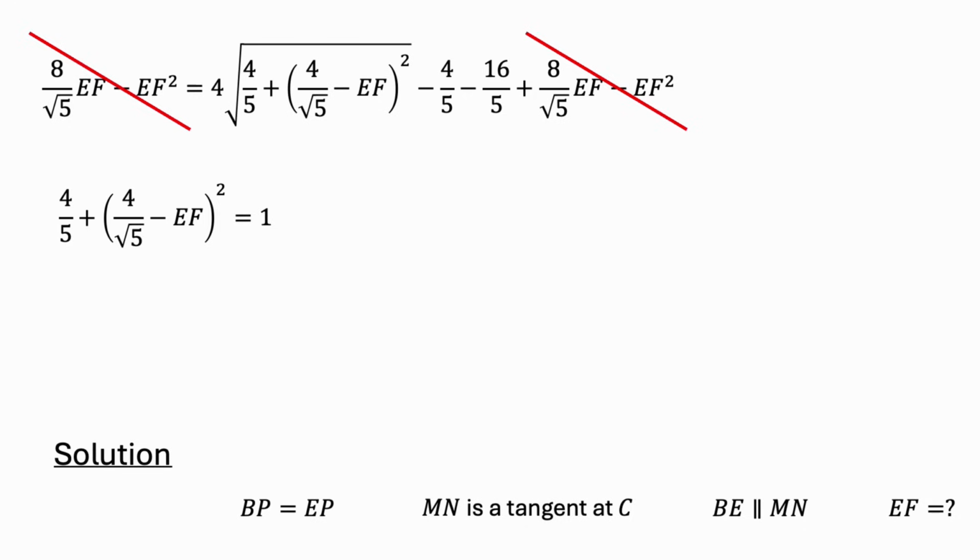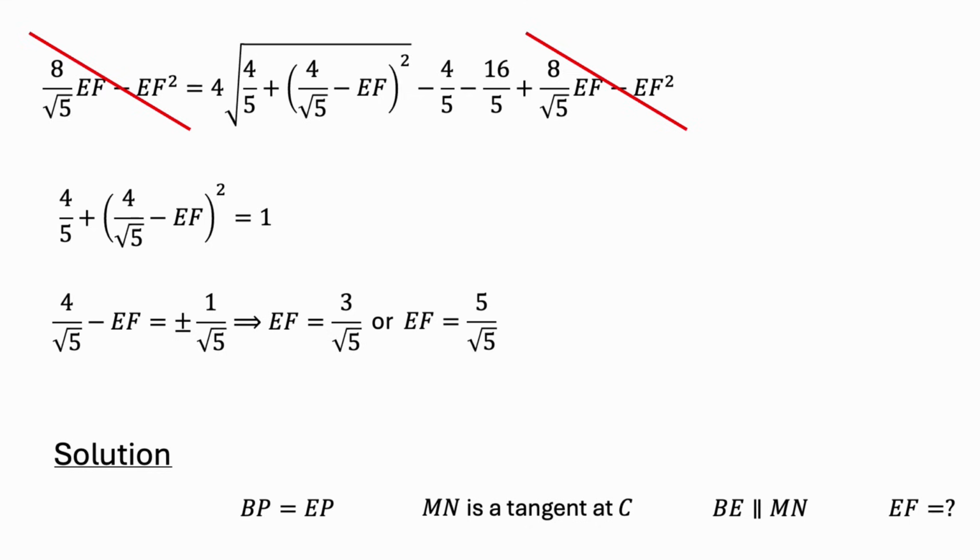After squaring both sides, moving 4 over 5 to the right hand side, and then taking the square root, we obtain 4 over square root 5 minus EF equals plus or minus 1 over square root 5. Therefore, EF equals 3 over square root 5 or 5 over square root 5.